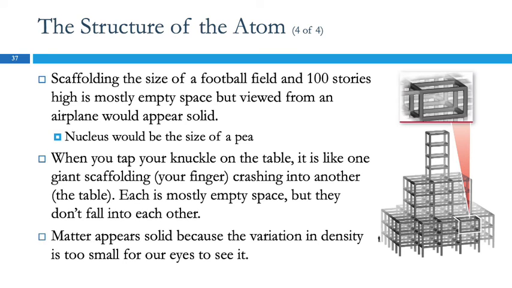But if you looked at this from an airplane, from a high elevation, it would look like something solid, because we're not looking straight through one of the holes, and so our vision gets blocked by all these little tiny bars. So it looks like it's solid. If this was the size of the whole atom, a football field and 100 stories tall, the nucleus in there would be the size of a little green pea.